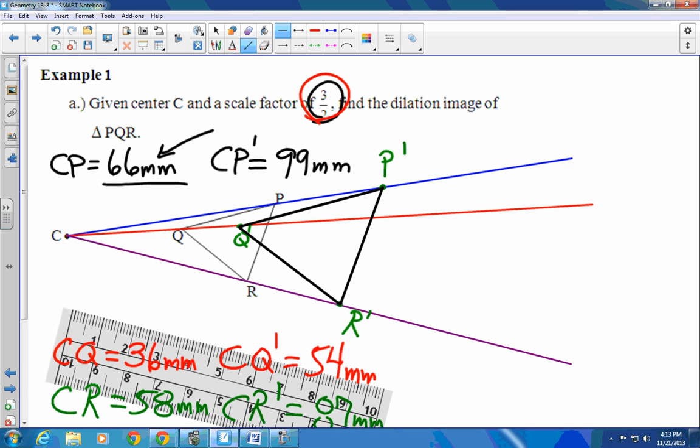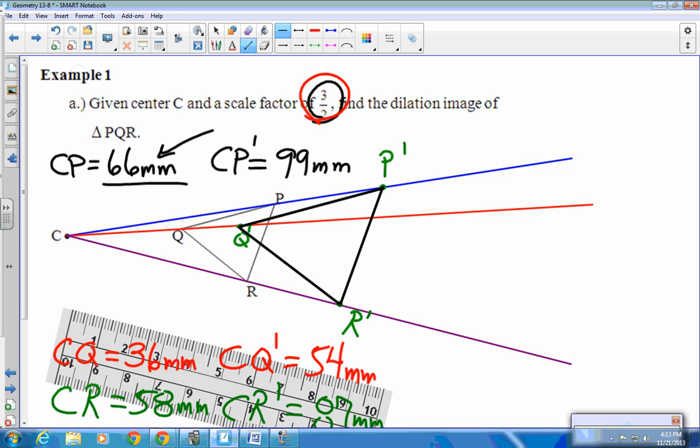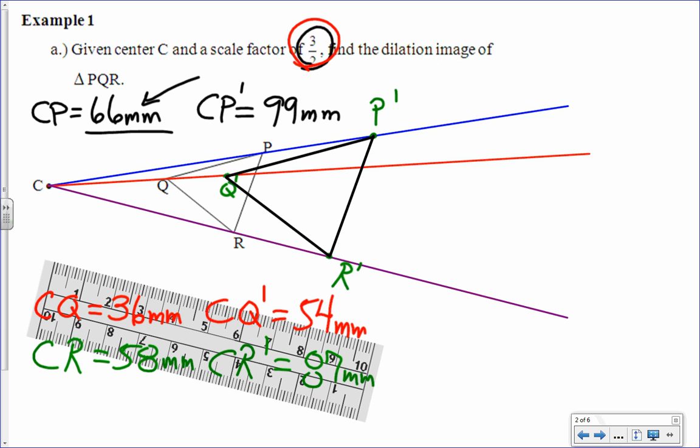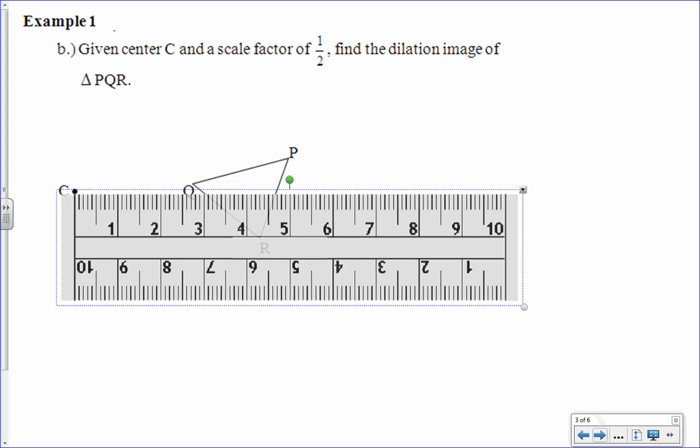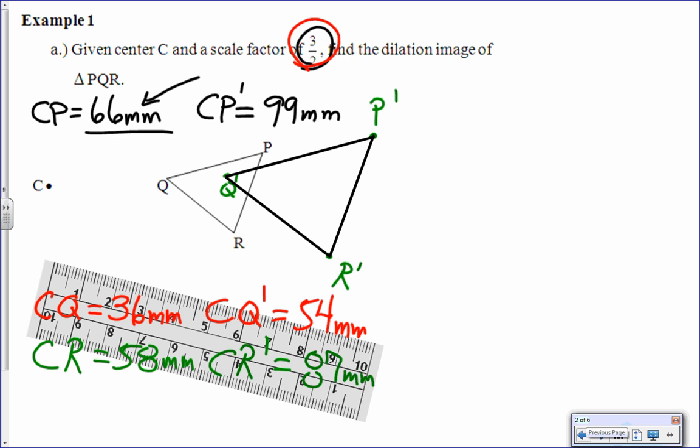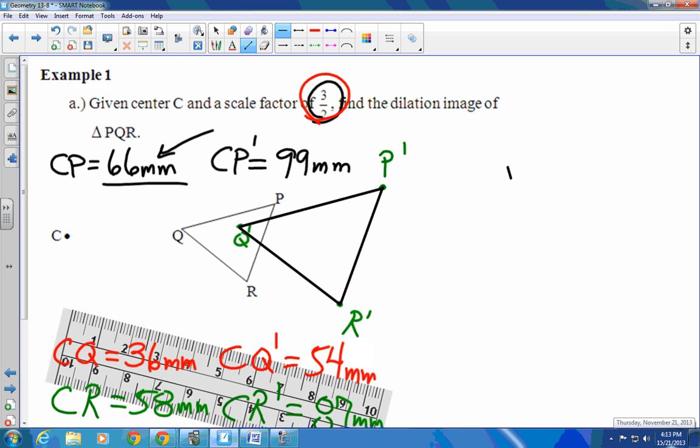Now I believe on yours for part B you were also asked to do a scale factor of 1/2. Now I could switch to the next page, which is where I actually have that problem. But really I have all the information I need already on this page, if that's okay with you. So why don't we just do it on this page, because we already have all our lines that we need.